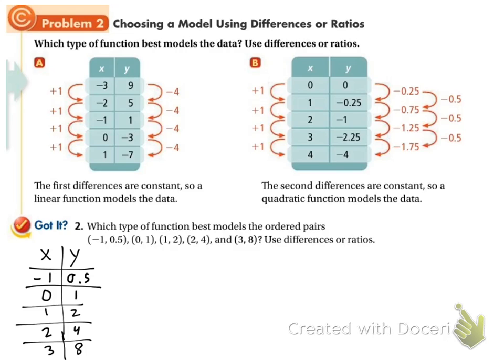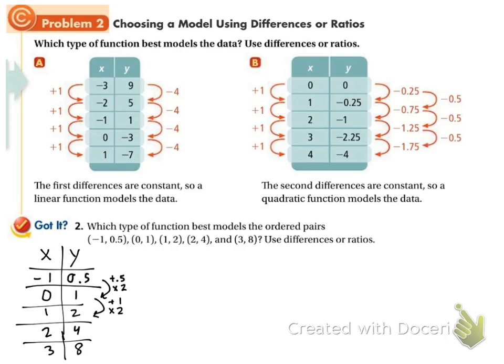So I'm going to check for adding and I'm going to check for multiplying, okay? So to get from 0.5 to 1, I would add 0.5 or I would multiply by 2. To get from 1 to 2, I would add 1, or I would multiply by 2.